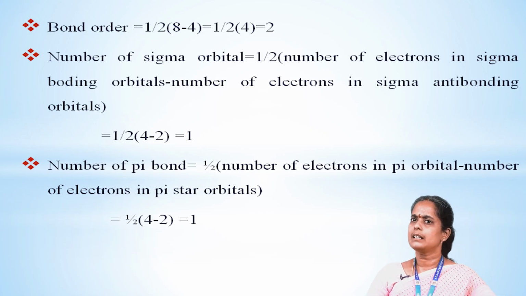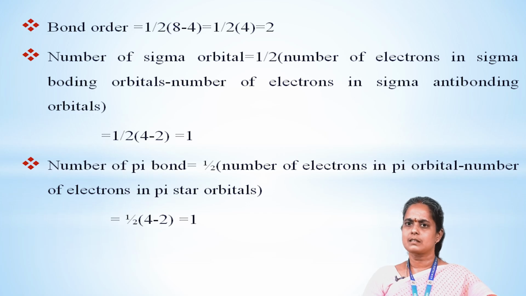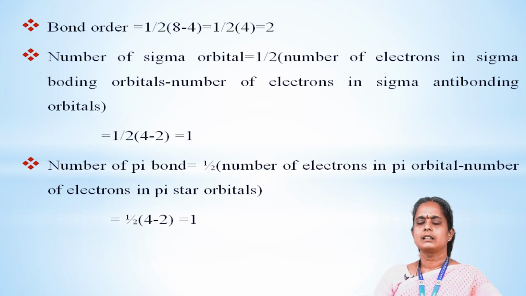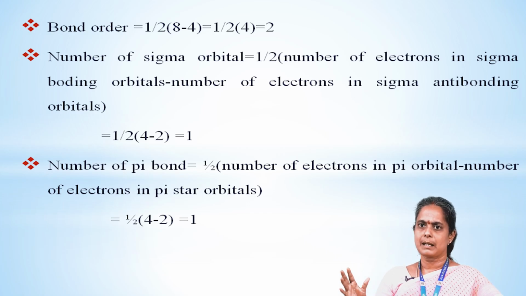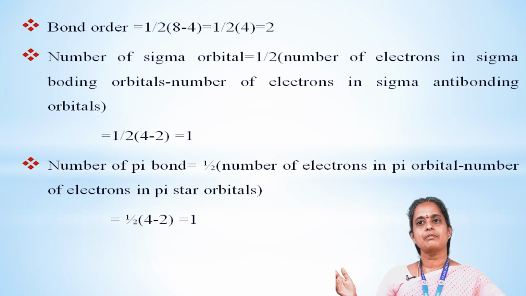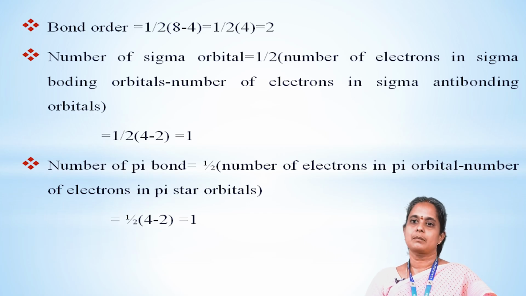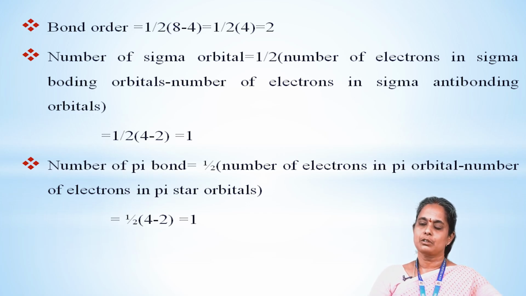Now, we calculate the number of pi bonds in the oxygen molecule, using the formula: half into the number of electrons in pi orbitals minus the number of electrons in pi star orbitals. So, the number of pi bonds is half into 4 minus 2, which is equal to 1. There is 1 pi bond.